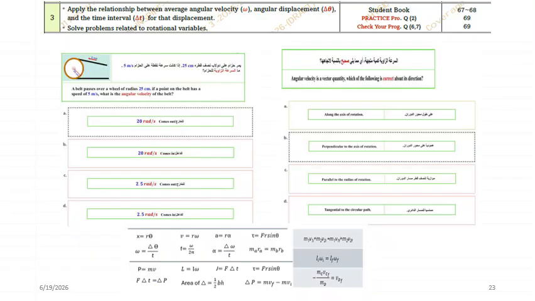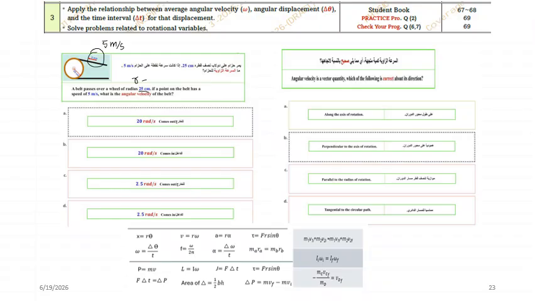Okay. These are some questions which came before. I don't know whether it is clear, this value is 5 meter per second, and the radius is 25 centimeter. Now look, a belt passes over a wheel of radius 25 centimeter.